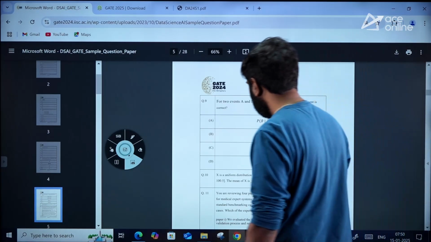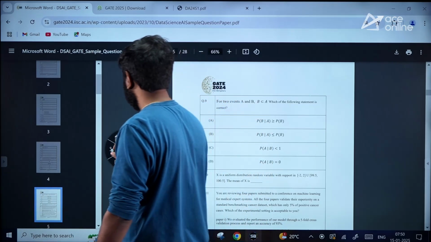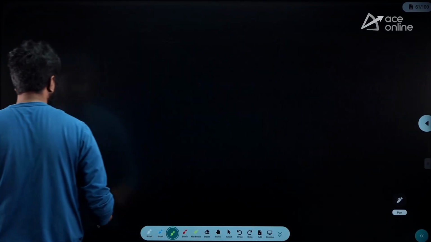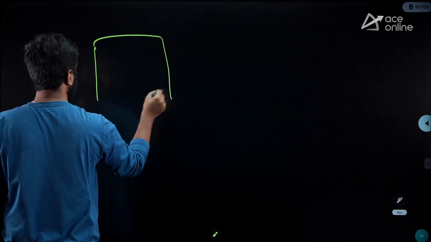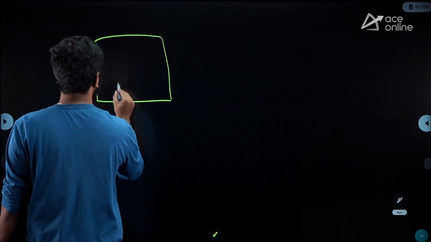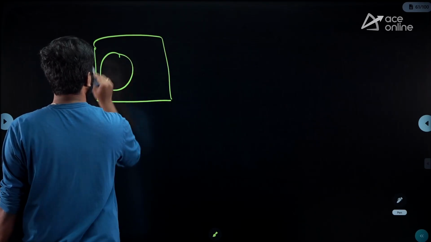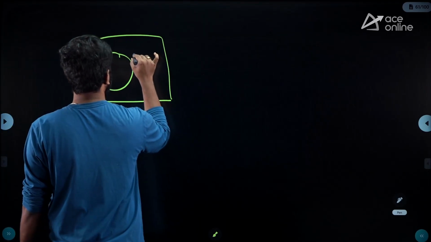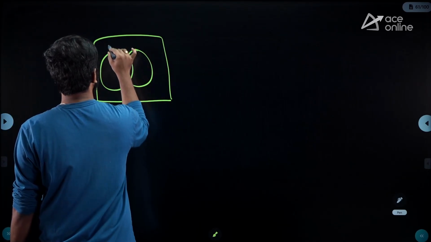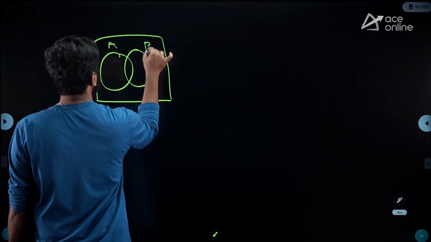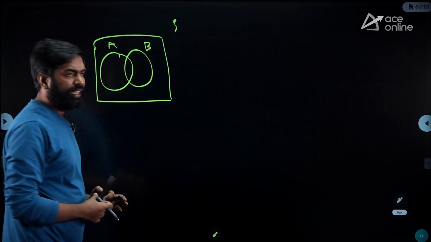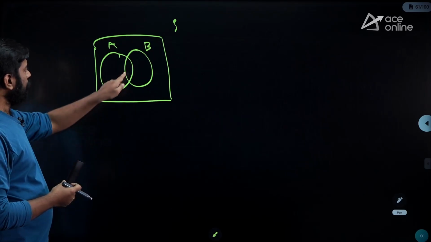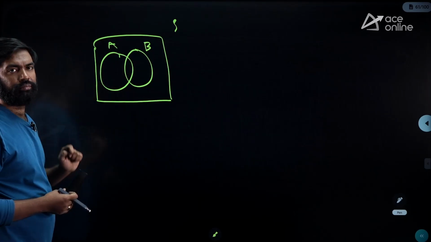So I wanted to ask you one important thing. Students, let's say this is A, let's say this is B, this is the sample space. If I ask you what is A intersection B, you will show me this.